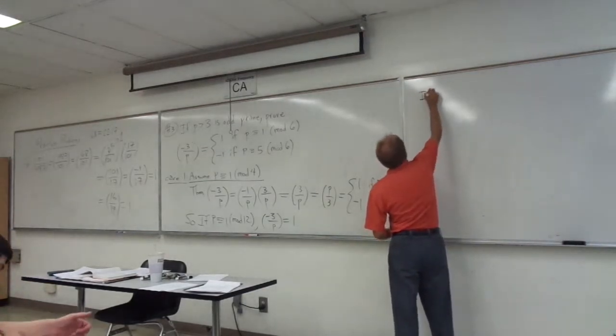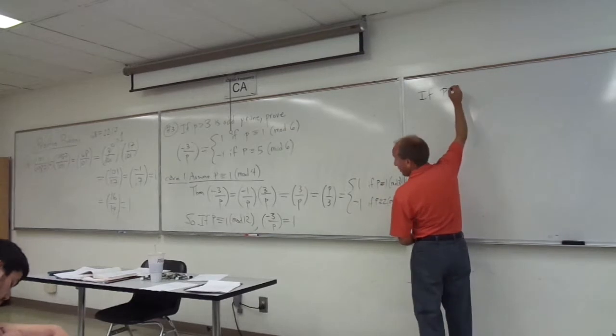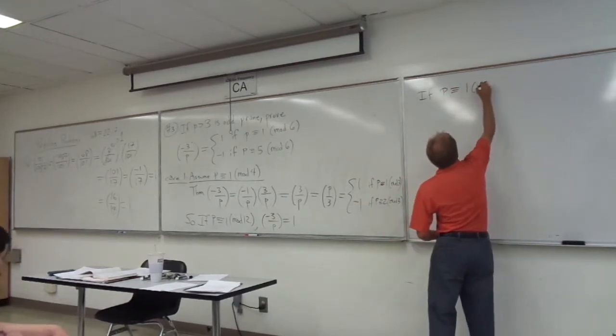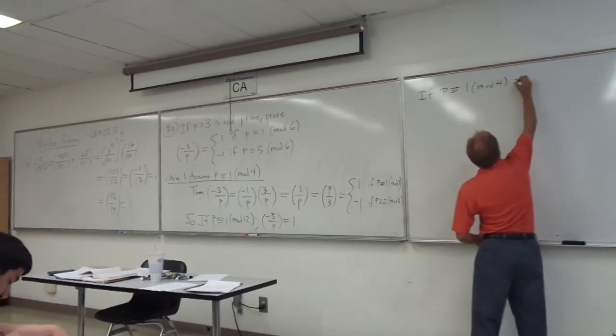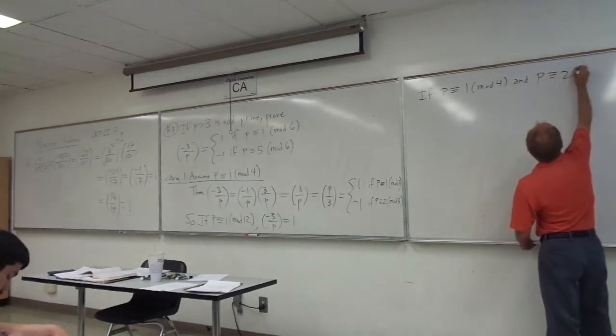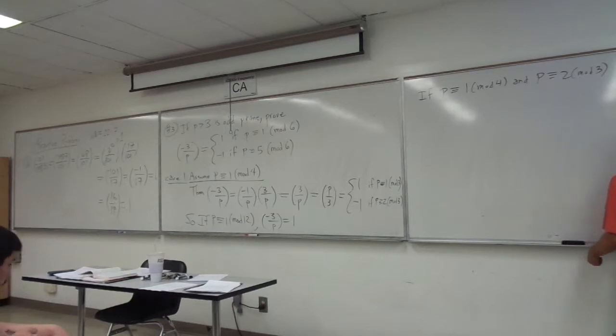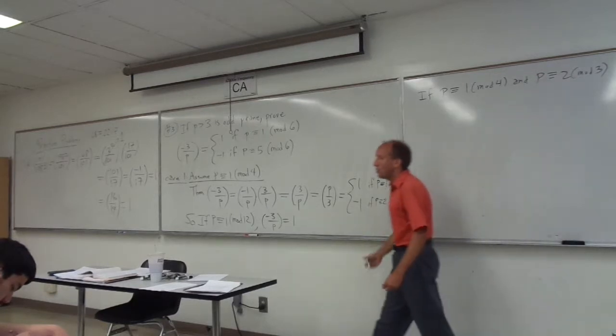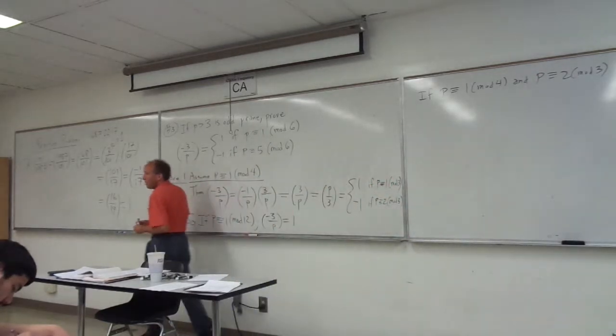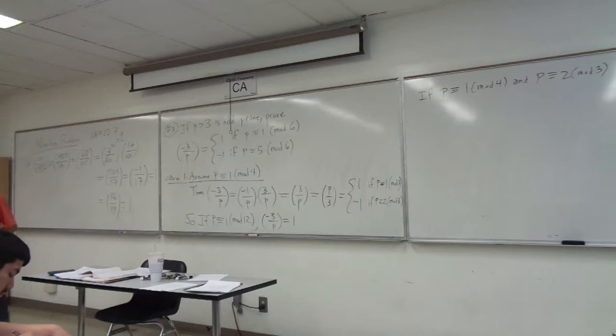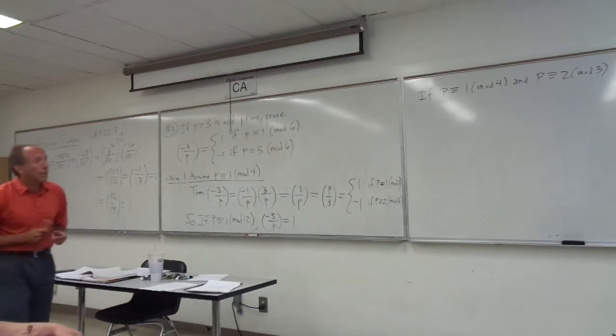So if p is congruent to 1 mod 4 and congruent to 2 mod 3, can somebody reduce that for me? If both of these are true, maybe again by inspection, can you tell me what p would be congruent to? There's a unique solution mod 12, right? For p.